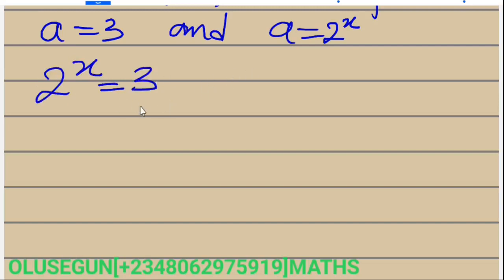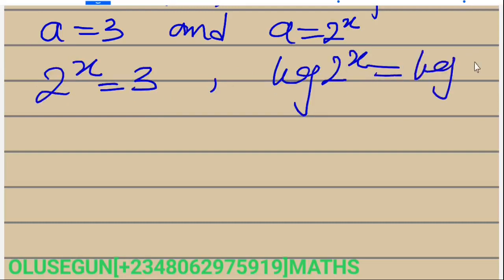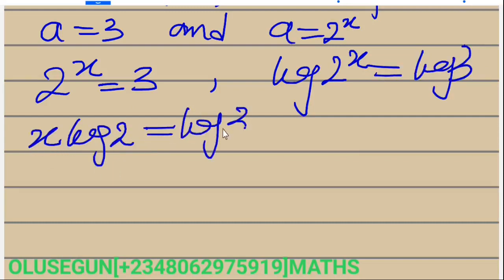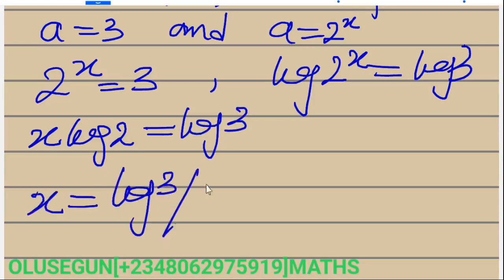So let's apply log to have log 2 raised to power x is equal to log 3, which gives x log 2 is equal to log 3. So the value of our x will now be x is equal to log 3 divided by log 2.